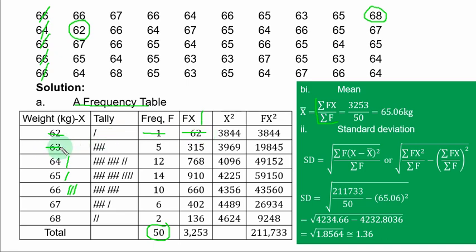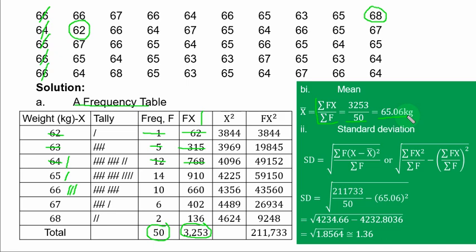The next one, 63 times 5, you have 315. 64 times 12, you have 768, and so on. Because the sum is needed, if you add everything in the fs column, you have 3253. So you divide it by 50, and that gives the mean weight as 65.06 kilogram to 2 decimal places.